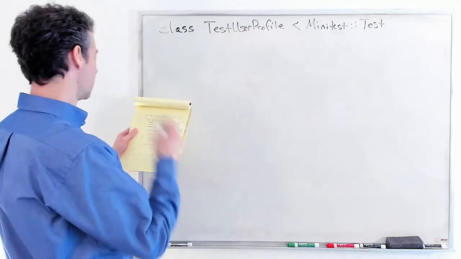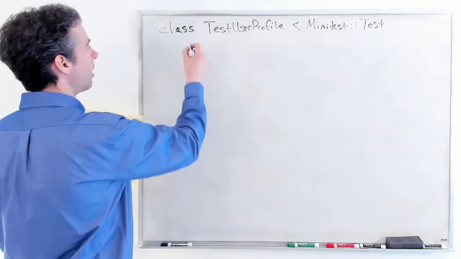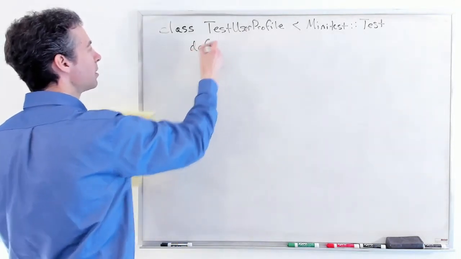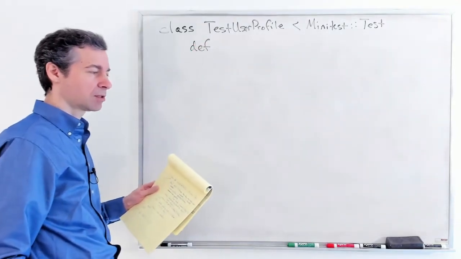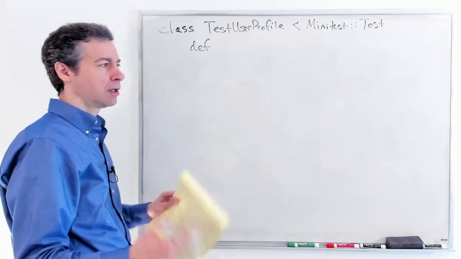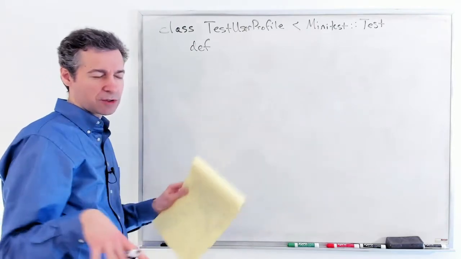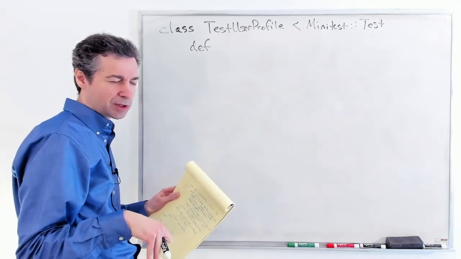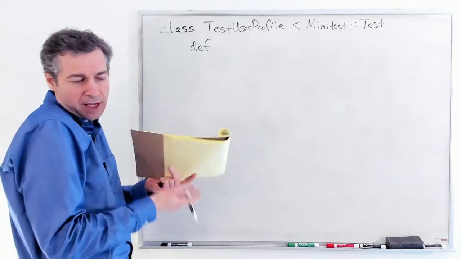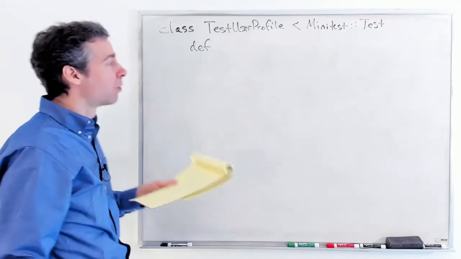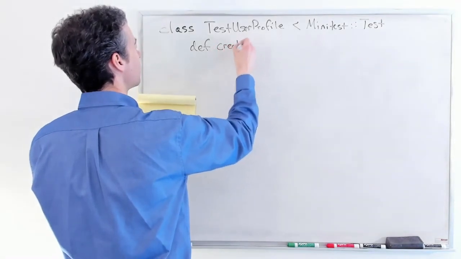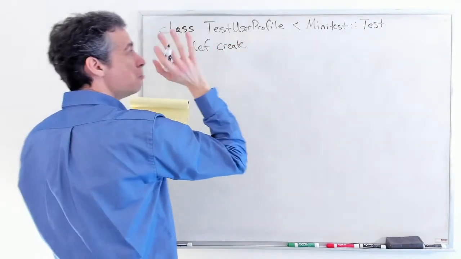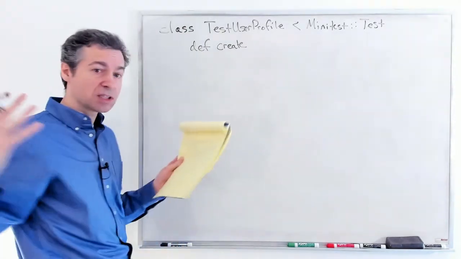Now, I want to be able to easily make one of these user profiles. And rather than waste our time right now with the create methods and stuff for a class I haven't even fully defined for you, I'm just going to show you that I would create a method inside of here. Again, Minitest is just Ruby.